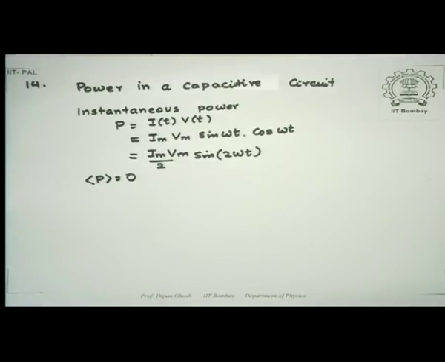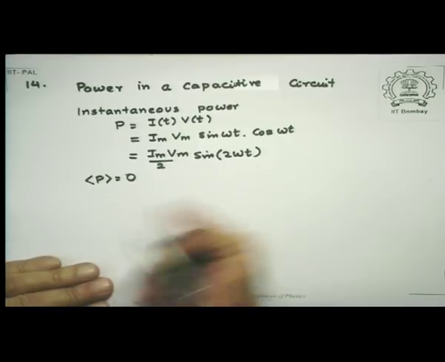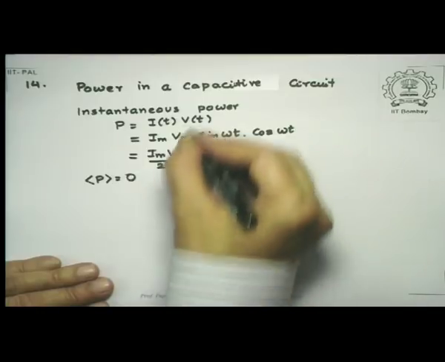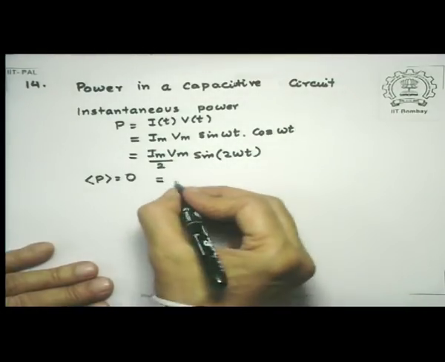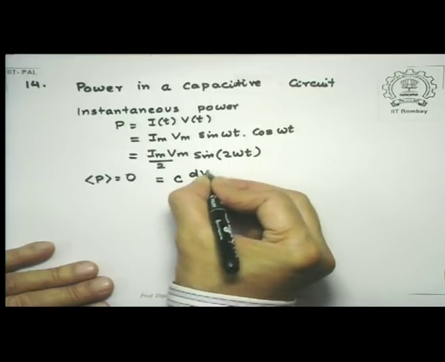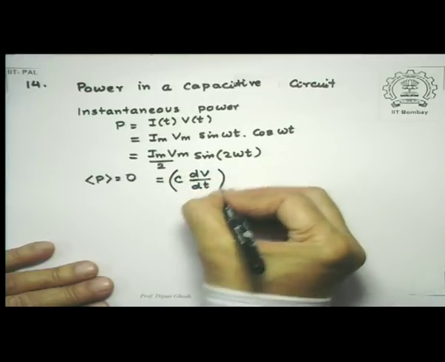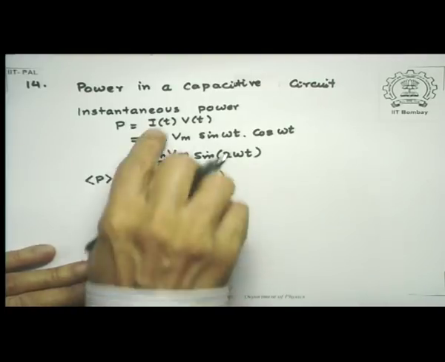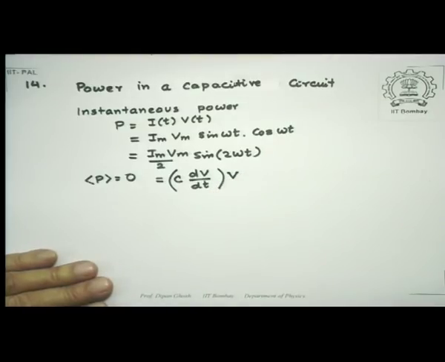The energy that is stored is given by half CV square. As you can see here, if you want to rewrite what is I(t) V(t), you can write this as C times dV by dt, that's your dq by dt, which is same as I, times V. These are all the voltages across the capacitor plates.